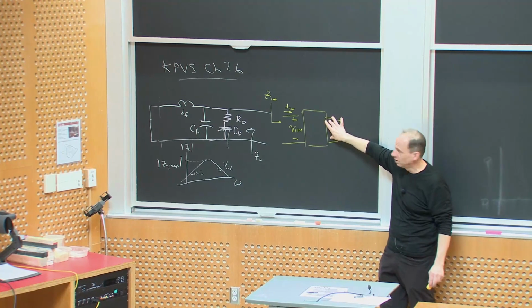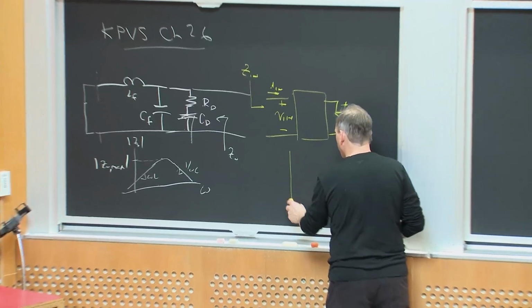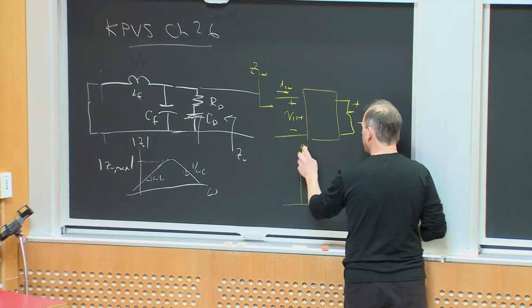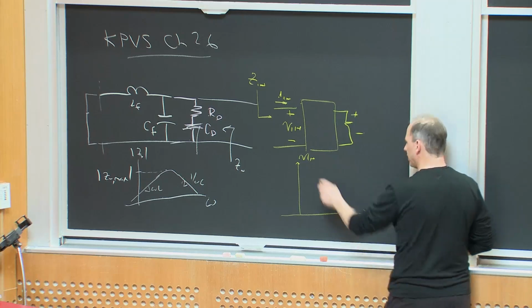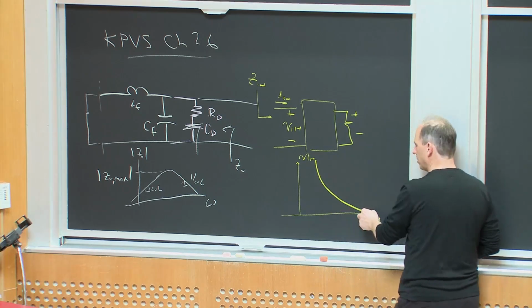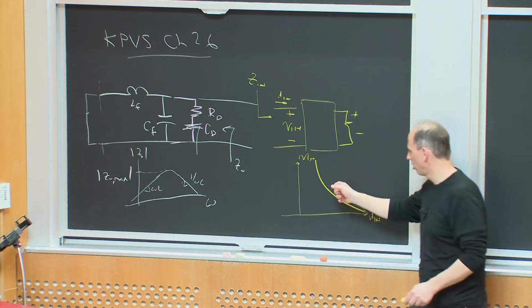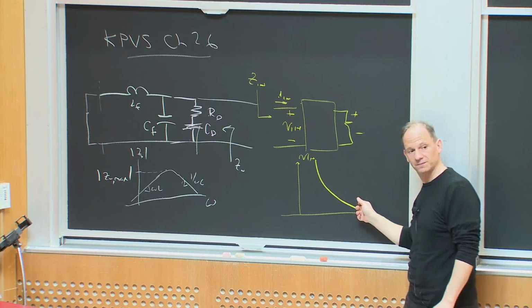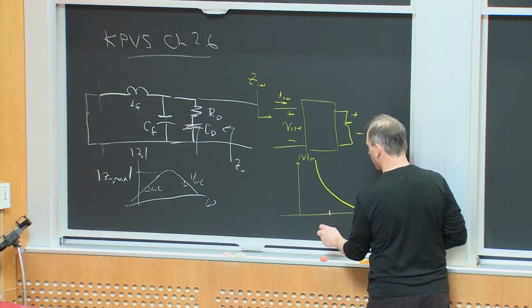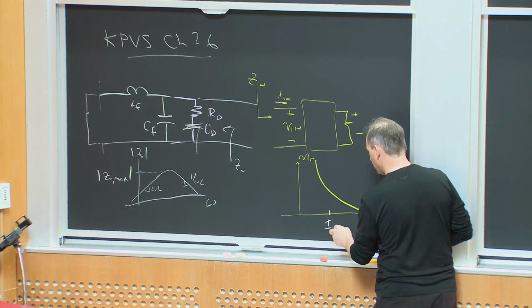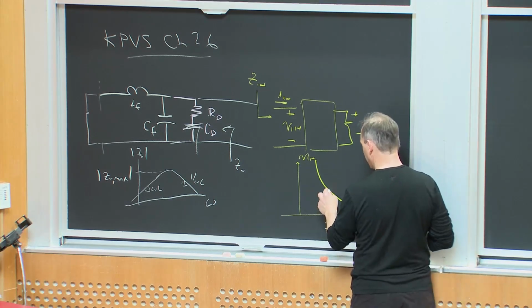That means its IV characteristic, V in versus I in, looks like this, because V in is proportional to 1 over I in. And so we're sitting at some operating point, say this is I in, and this is V in.